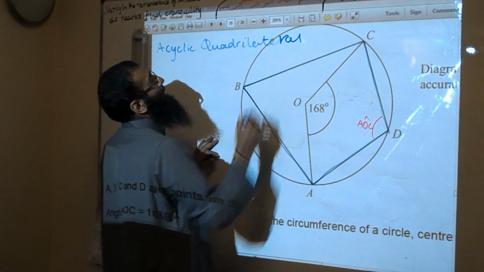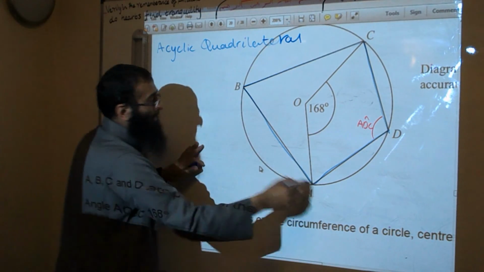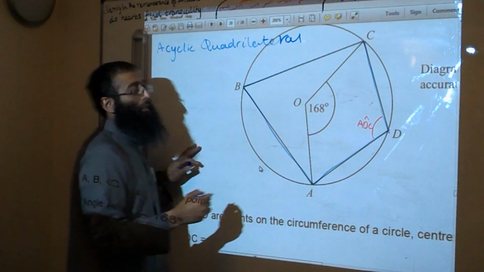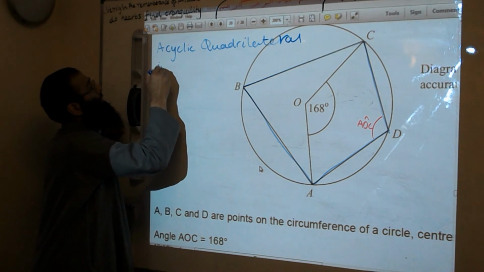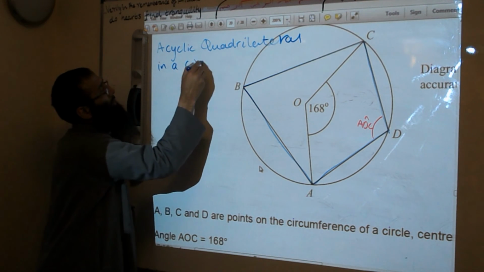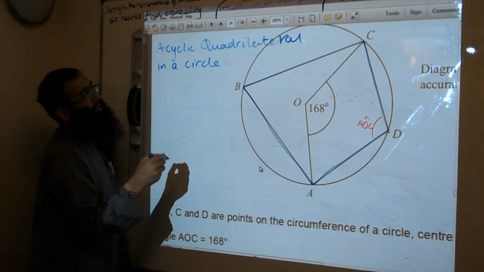What does cyclic mean? Cyclic means it goes around in a cycle, it goes around all the way, touching. A cyclic quadrilateral in a circle. That's what we have there. So what do we say?